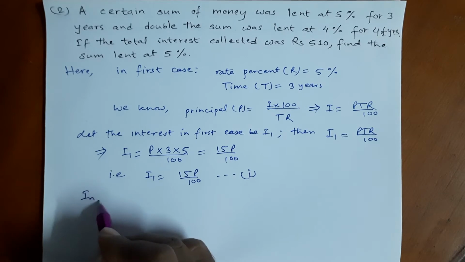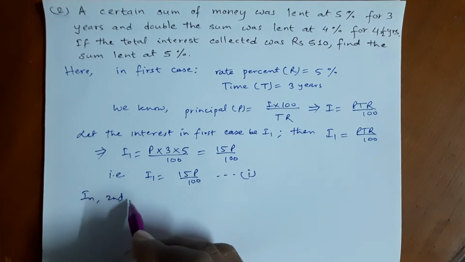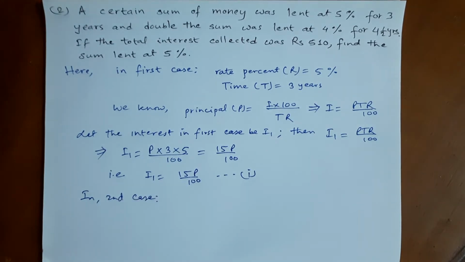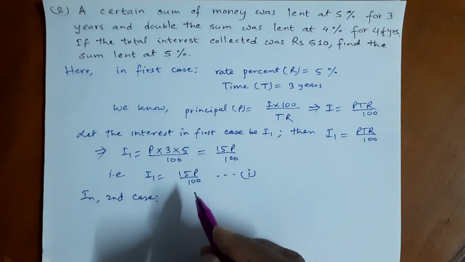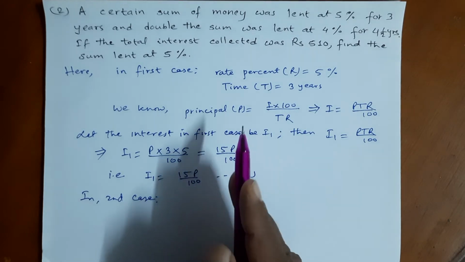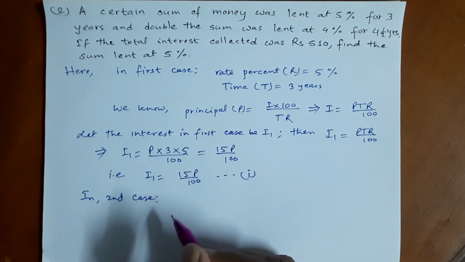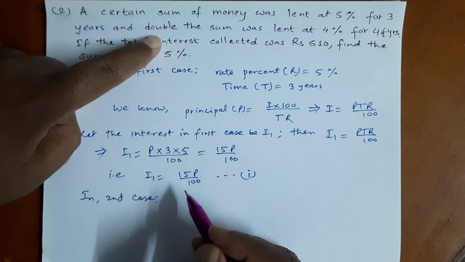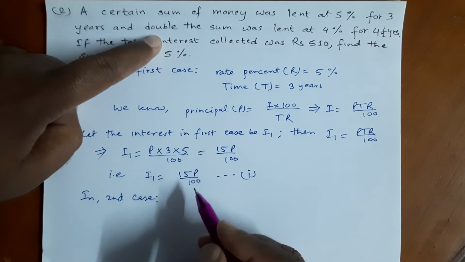In the second case, double the sum was lent at 4% for 4.5 years.